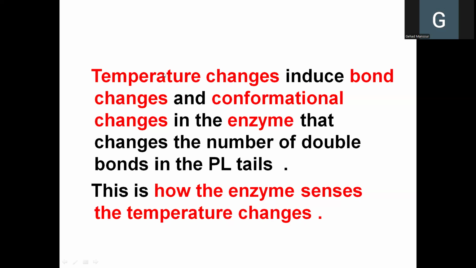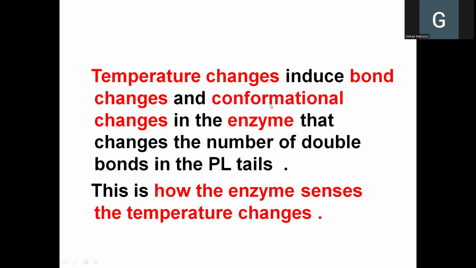As we said before, the changes in temperature result in activation or inactivation of the desaturase enzyme, and this activation and inactivation is not only by activating the expression and or inactivating the expression of the gene, but also because the temperature changes certain bonds inside the enzyme.